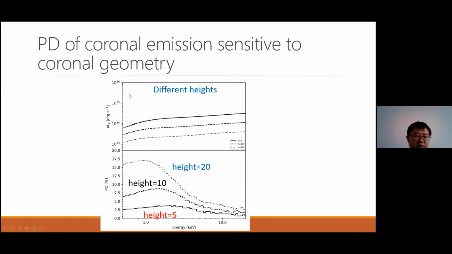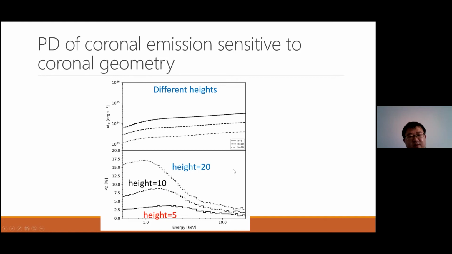So here I show again the energy spectrum and the polarization degree for a spherical corona at different heights: solid is height 5, dashed line is height 10, and dotted line is height 20. And again, the shape of the energy spectrum is almost the same, but the polarization degree increases with the height of the corona.